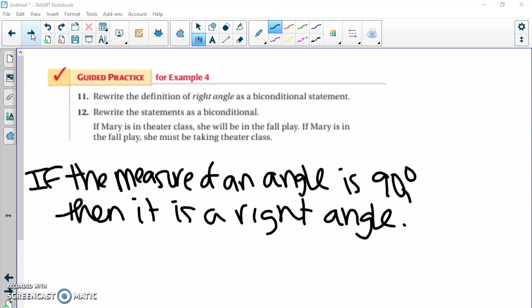So rewriting that as a biconditional, we need 2 ways. It doesn't matter which one you start with, so I'm going to do right angle first.